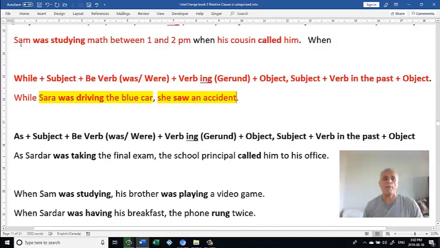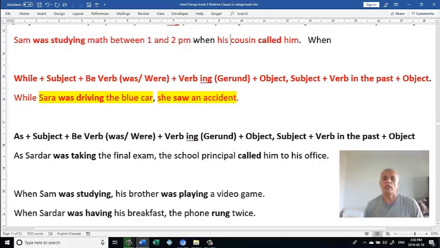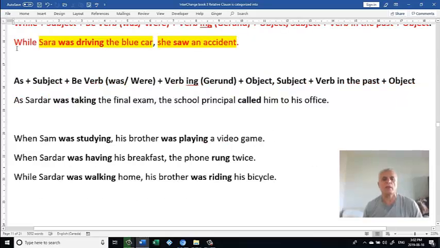With when it will be opposite. There is one action continuing for a period of time, then one action stops the continuation, and with this action we use when. But there are some other kinds of while that we're going to do at the end of the lesson.